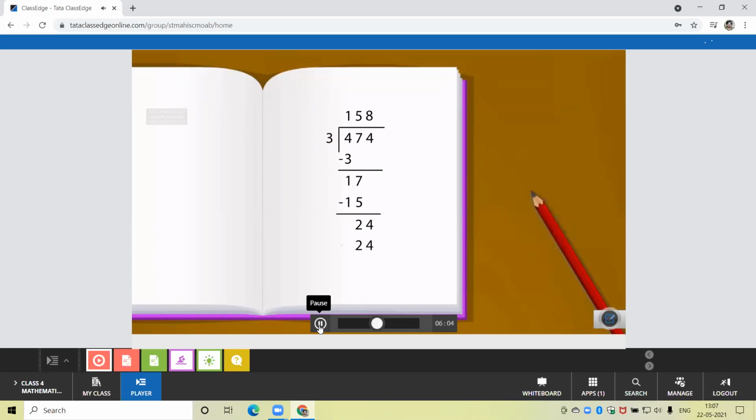Now, let me subtract 24 from 24. Well, I get a 0. And this finishes the division. I got the quotient as 158 and remainder as 0.